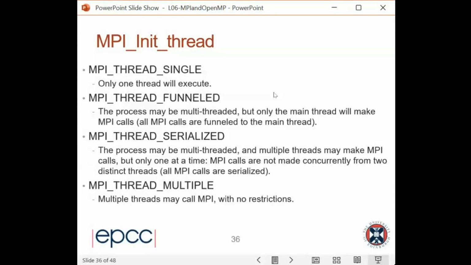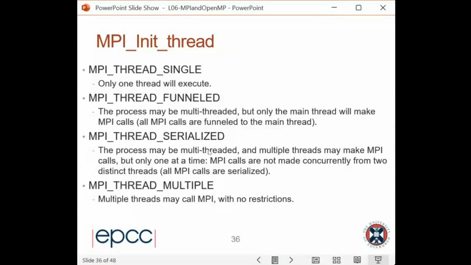So for MPI_Init_thread, there are four levels of thread safety. MPI_THREAD_SINGLE is only one thread will execute. That is saying that I've just got a normal MPI program, so I don't actually need anything from the MPI library at all.